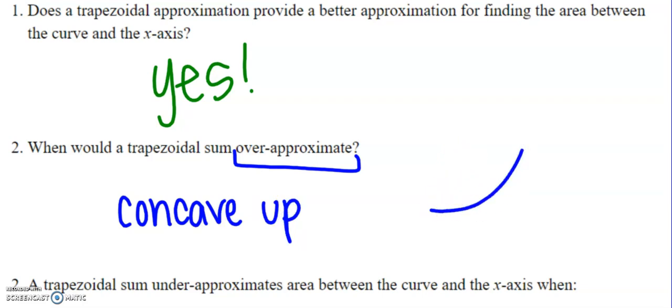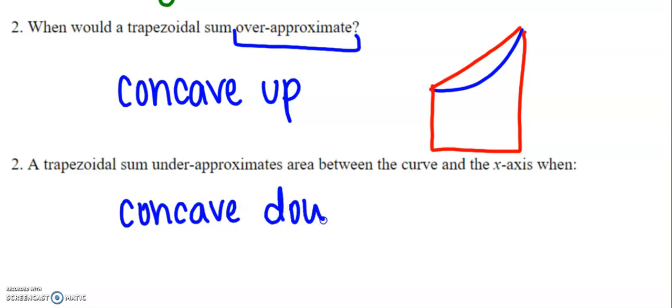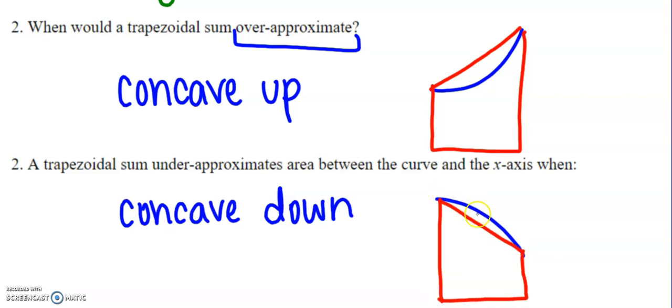If your graph is concave up and you create one trapezoid out of that area, well, then you have over approximated. A trapezoidal sum will under approximate when your graph is concave down. And again, just think about a quick graph. If your graph was concave down and you were to use one trapezoid to approximate the area, you're missing a little bit of area, okay?